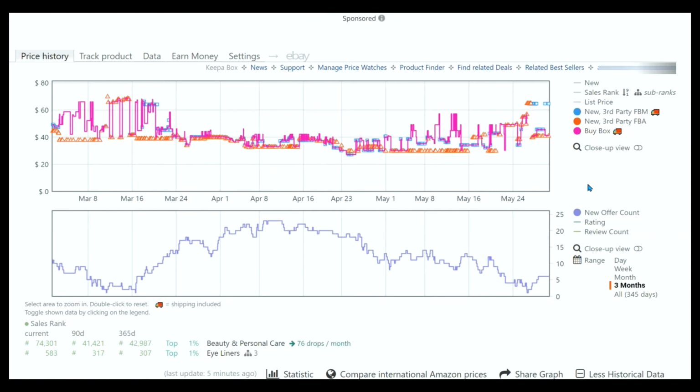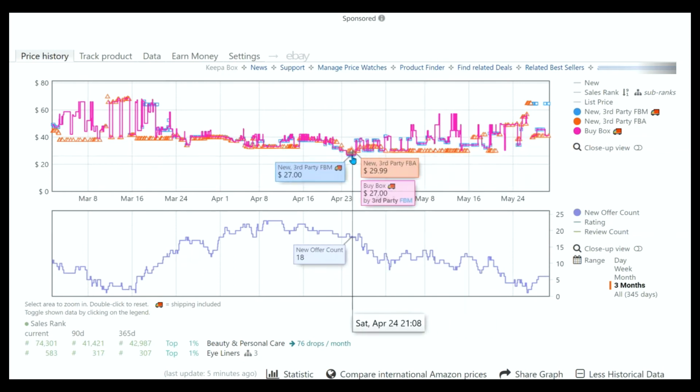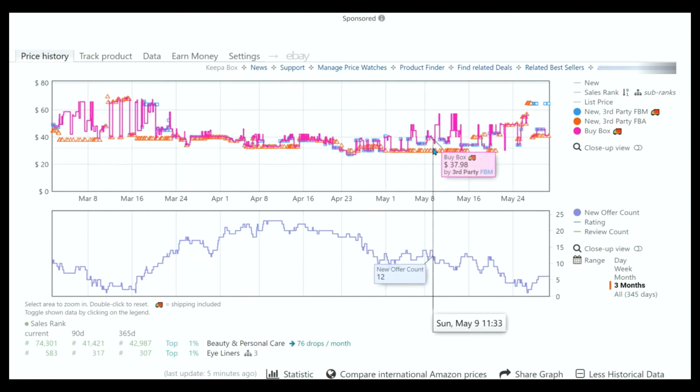That could be seller fulfilled prime. It could have been many different reasons why third-party players are getting it. And that actually gives you more comfort in purchasing this product, because even though the third-party FBA was at $29.99 at that baseline, at that time, let's just look at May 9th, the buy box was $39.99.